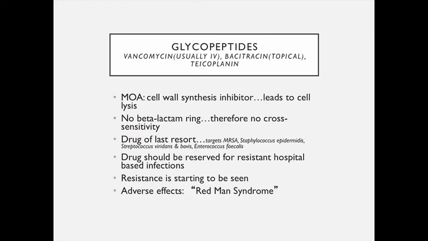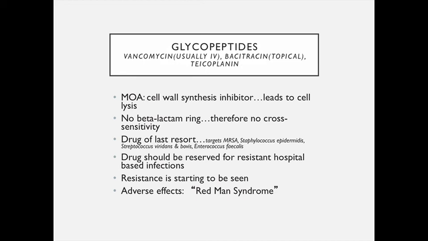So finally we have our glycopeptides. The examples of glycopeptides are vancomycin, bacitracin, and another one that's not on there that I mentioned in the previous slide, daptomycin. That's kind of the newest one, with a spectrum of activity very similar to vancomycin.